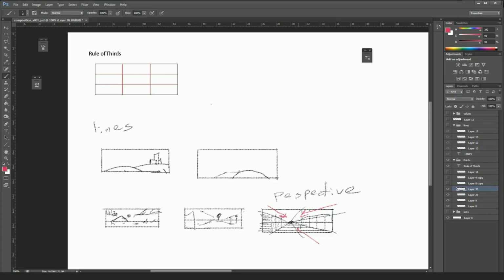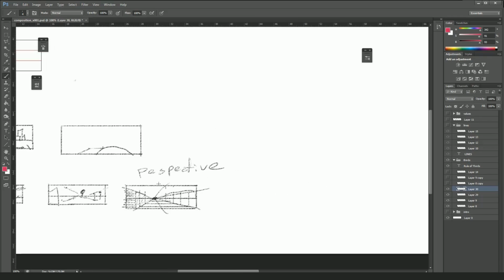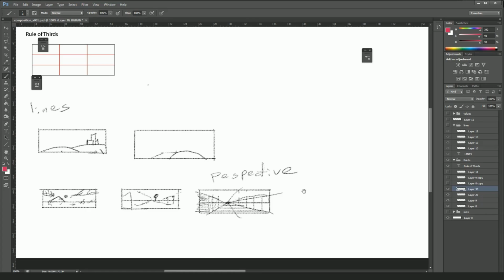It's saying, look at me, I am beautiful. That's essentially what it's doing. So you can help lead the eye using perspective, which is a cool little thing.